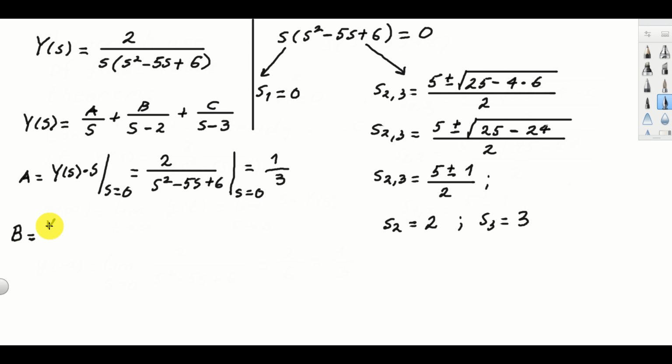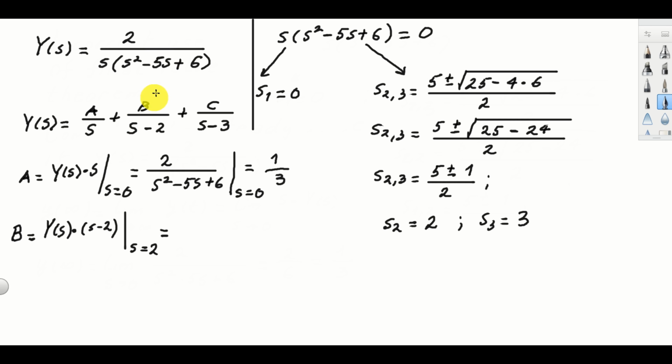We have Y of s multiplying s minus 2, evaluated at the pole s equals 2. So let's substitute the values and see what we have. This polynomial can be factored as s minus 2 multiplying s minus 3.